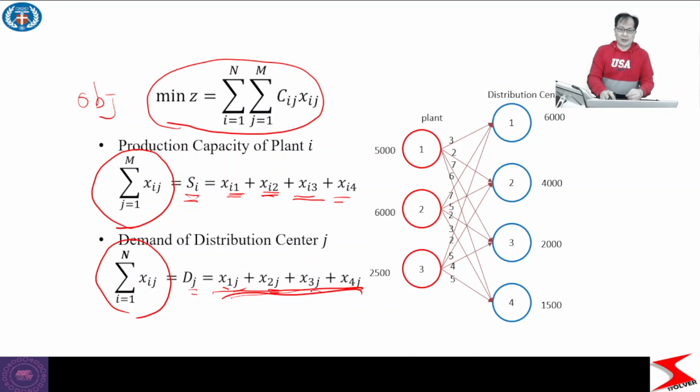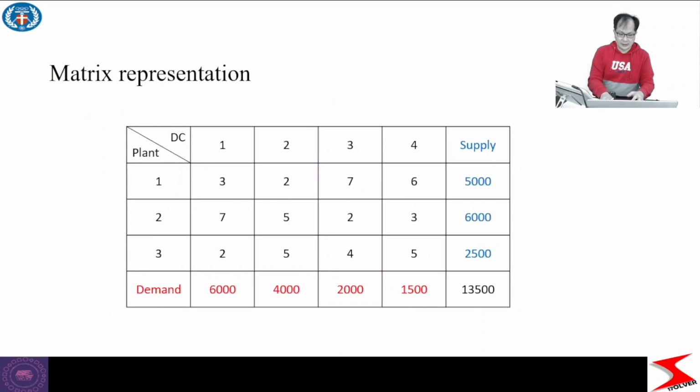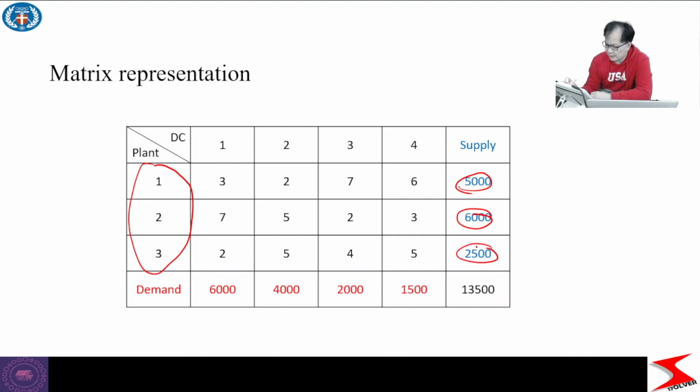But if you find it not easy to understand this way, we can try to build a matrix representation and then build a model, in order to make you more familiar with mathematical model construction. So here is the table. The columns 1, 2, 3 mean the plants, with corresponding supplies of 5,000, 6,000, 2,500.